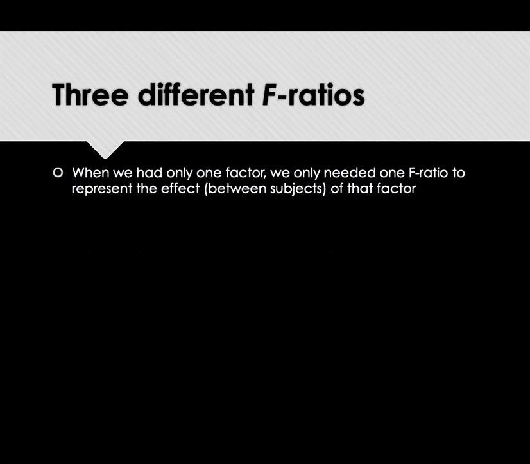We looked at different kinds of treatment, for example, art therapy, play therapy, cognitive behavioral therapy. And we just needed to compute one F ratio in our one-factor ANOVA to figure out the effect between the different levels of that factor, right? So we had between subjects.